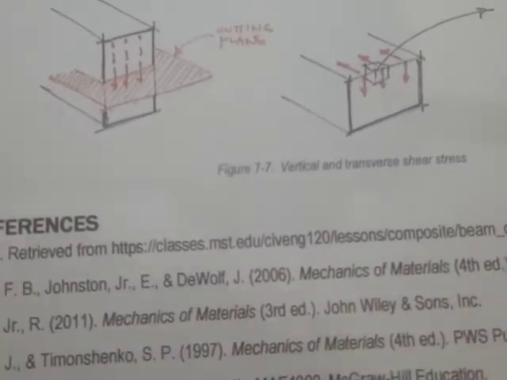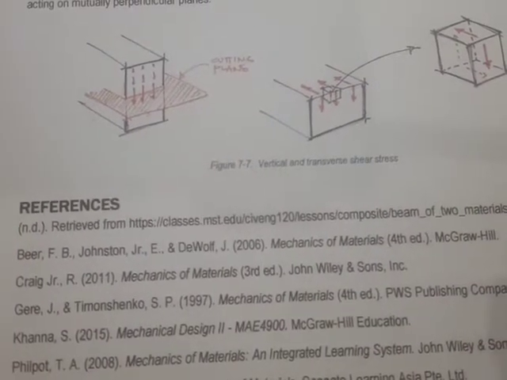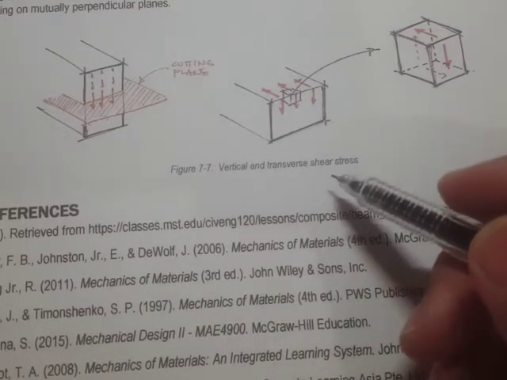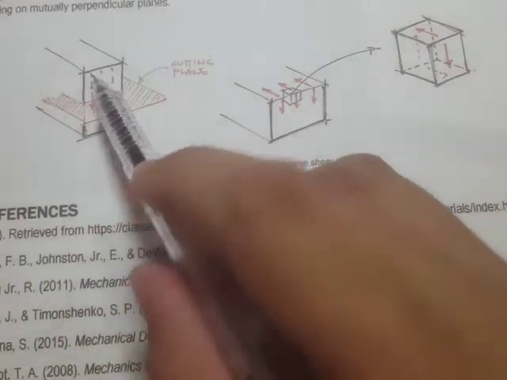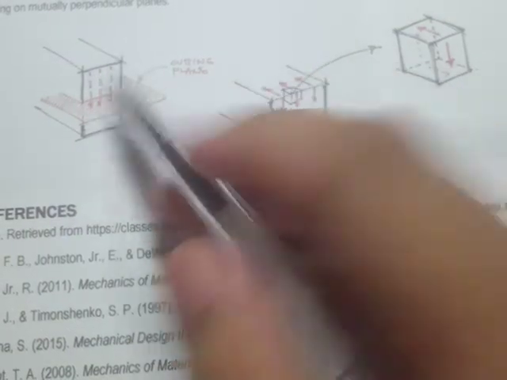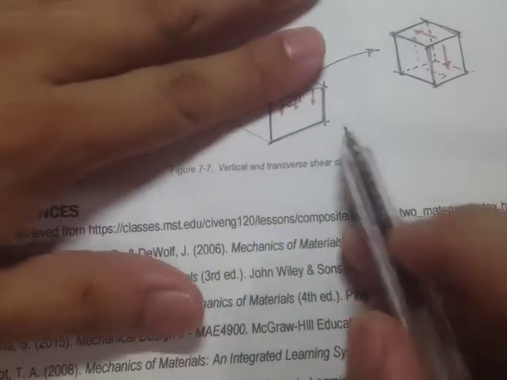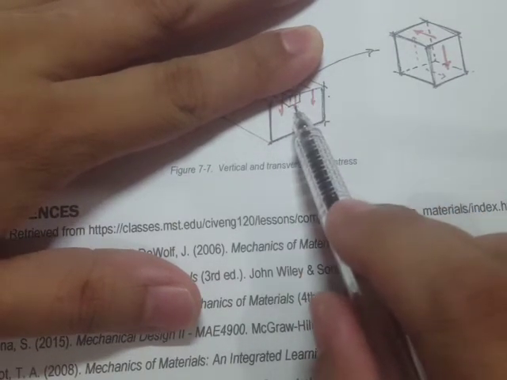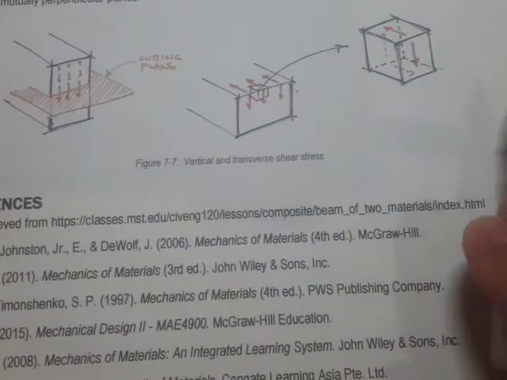And another one is figure 7-7. Just recall from our topic in fundamentals of stresses and strains that if here's our beam cross section with shear stresses, and we cut a section at the midpoint, we get a shear stress right here. But if we look at the infinitesimal element or the stress point, what we see is a complementary shear stress.